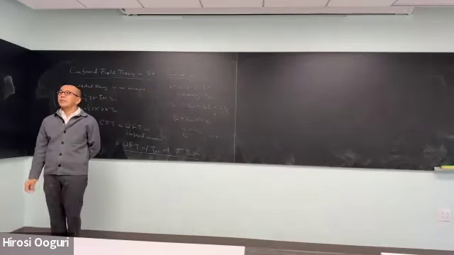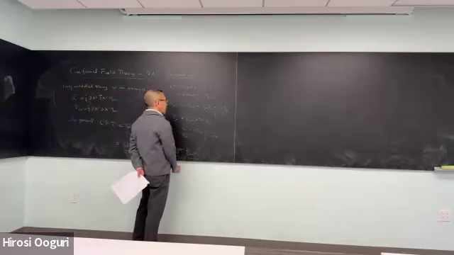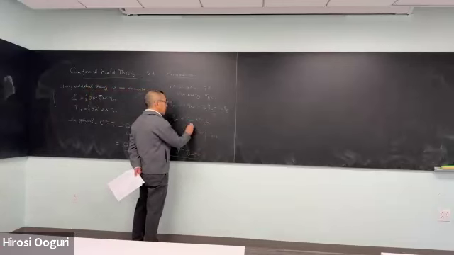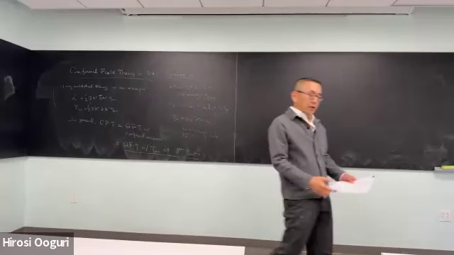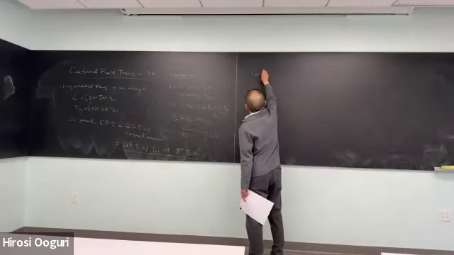And this reproduces the Poincare symmetry, because this corresponds to translation, and this corresponds to rotation and Lorentz boost. Okay, so you can reproduce Poincare symmetry this way. So we can try to play the same game for conformal symmetry.